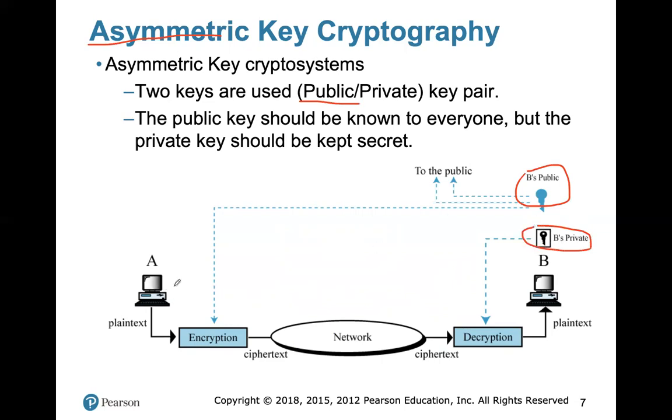For the communication between A and B, there is no key which is secret between A and B. B has two keys. One of them is called B's private key.